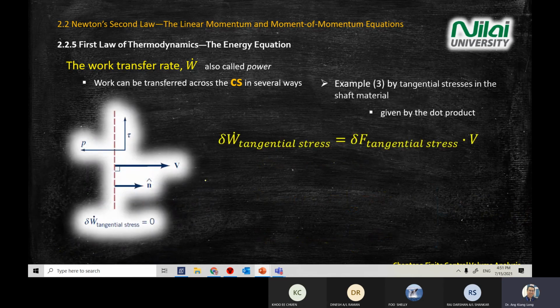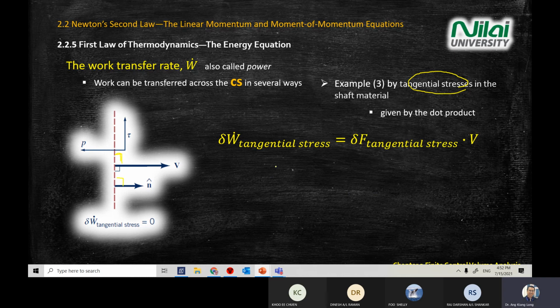This is just a further explanation of the tangential stress. Tangential stress means, you see the red dot here, it goes 90 degrees to the axis. You see the V and the red direction are at 90 degrees, normal to each other.